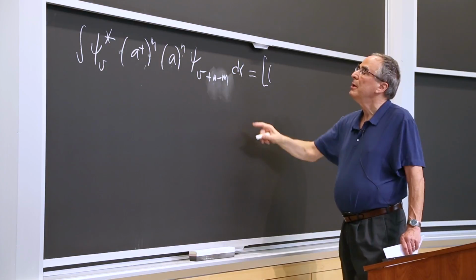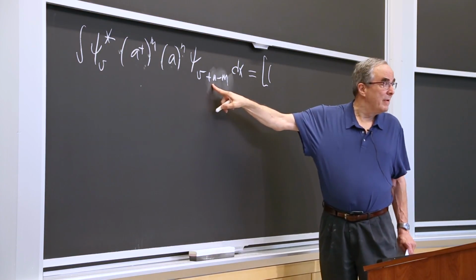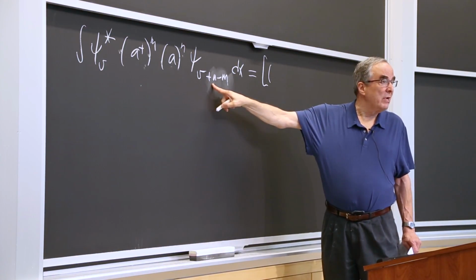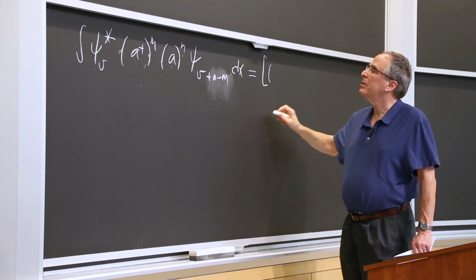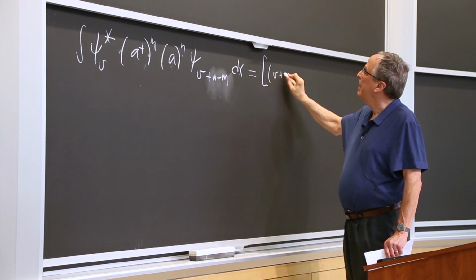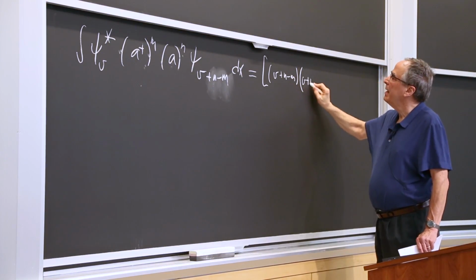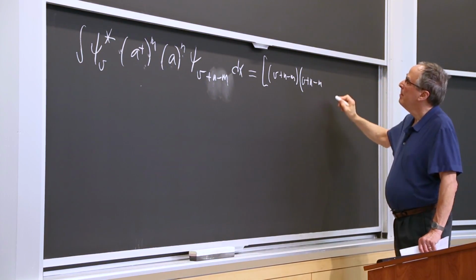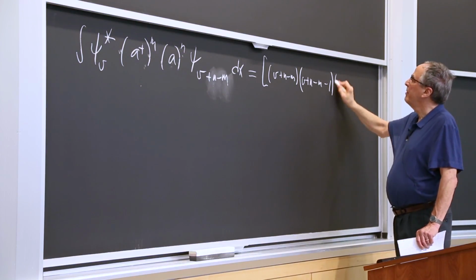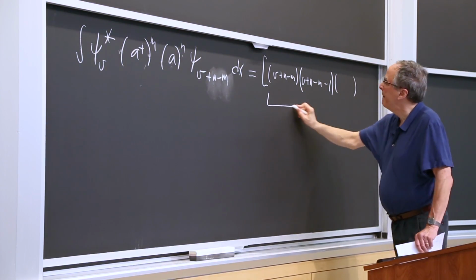Well, it's going to leave it alone, right? But it's going to lower v. So we have v plus n minus m, and then we have v plus n minus m minus 1, etc., until we have n terms.